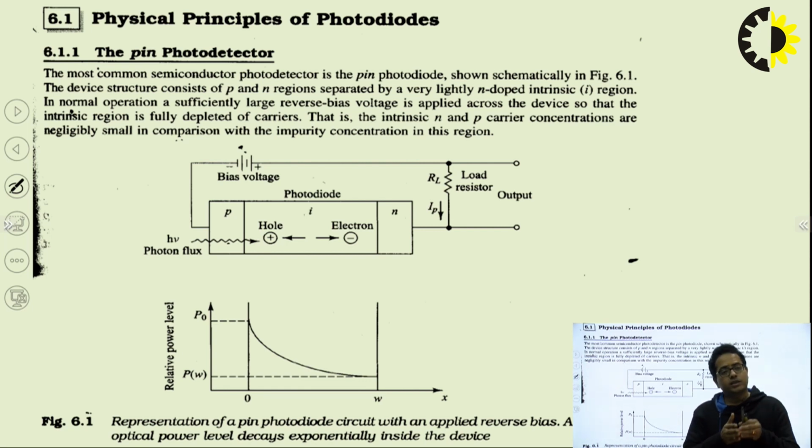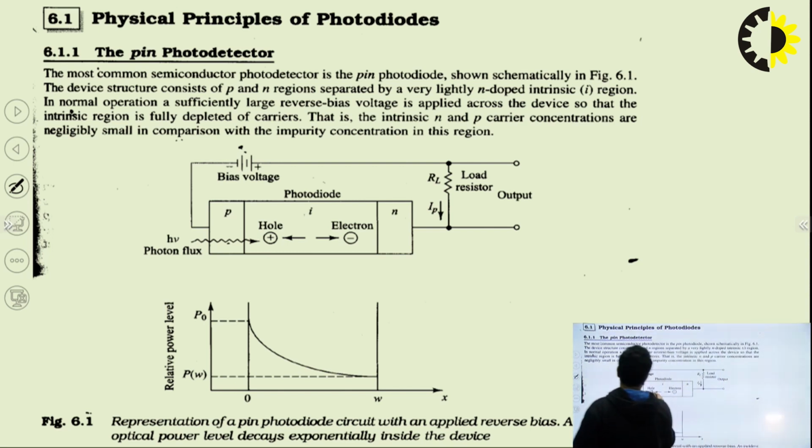In this way the charge carriers will start moving away from each other, and what will they do? They will increase the width of the depletion layer.